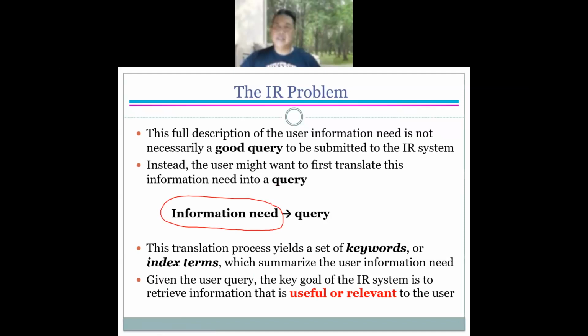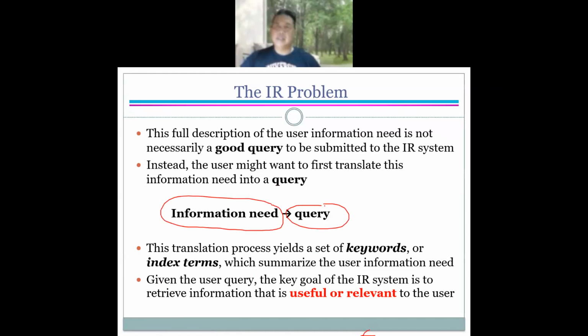Okay, so a key goal of the IR system is to retrieve information that is useful or relevant to the user. So given this query, how do you make sure that the result returned to you is relevant or not relevant? How do you determine that?